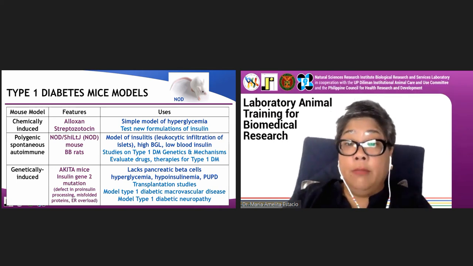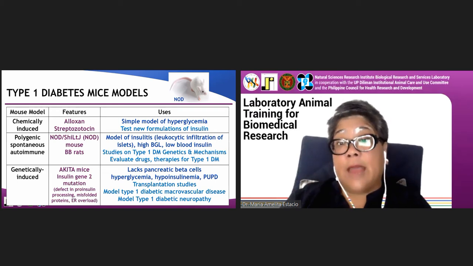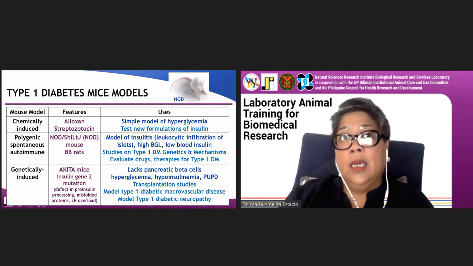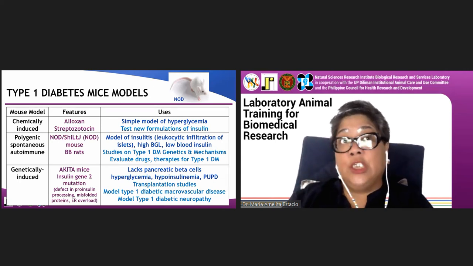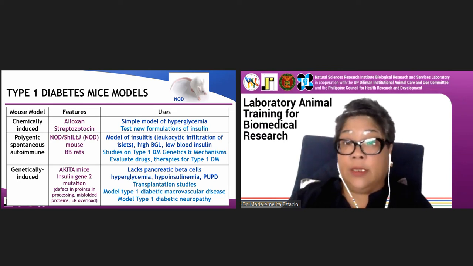And in biomedical research, this is being used for the studies of the genetics and the pathophysiology of type 1 diabetes mellitus, because a lot of the type 1 diabetes mellitus is because of genetic mutations, whether these are genetic mutations in the insulin gene, a mutation in the pancreatic beta cells, mutation in the glucose transporters, and also mutation in the insulin receptors in the target cells.